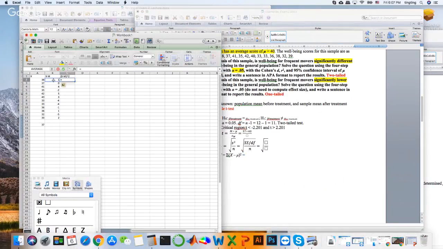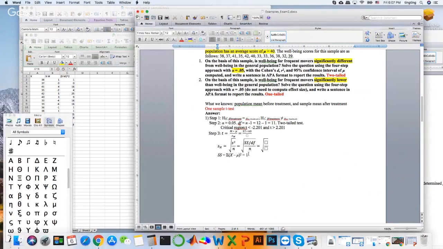Means the square of this one, and the square of 0, square of 4, something. And then we sum them together. We know it's 118. So we know SS is 118.